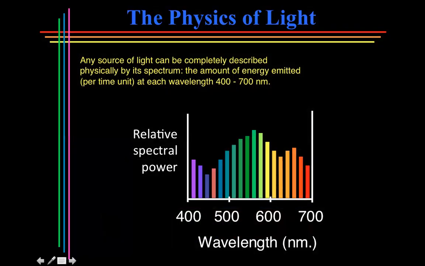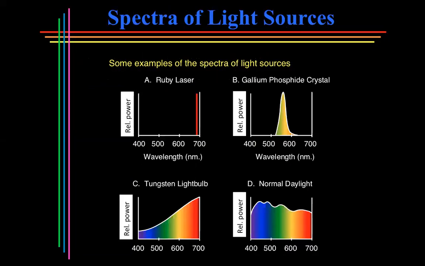Now, we can describe each light based on the relative spectral power of each wavelength. We know that sunlight contains basically all the wavelengths with different intensities. Here, for example, you have the spectra of some different light sources.